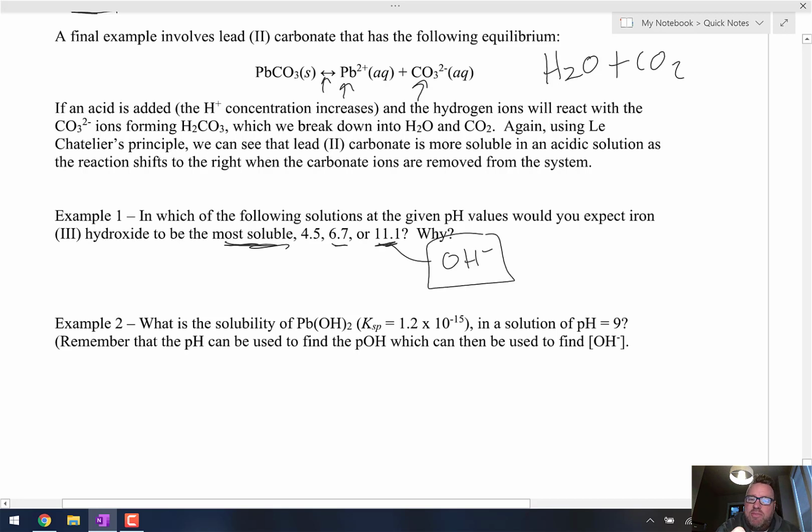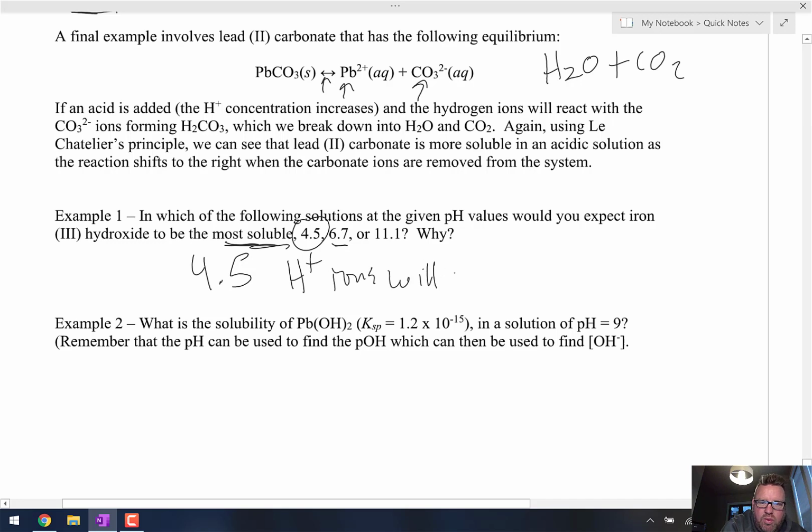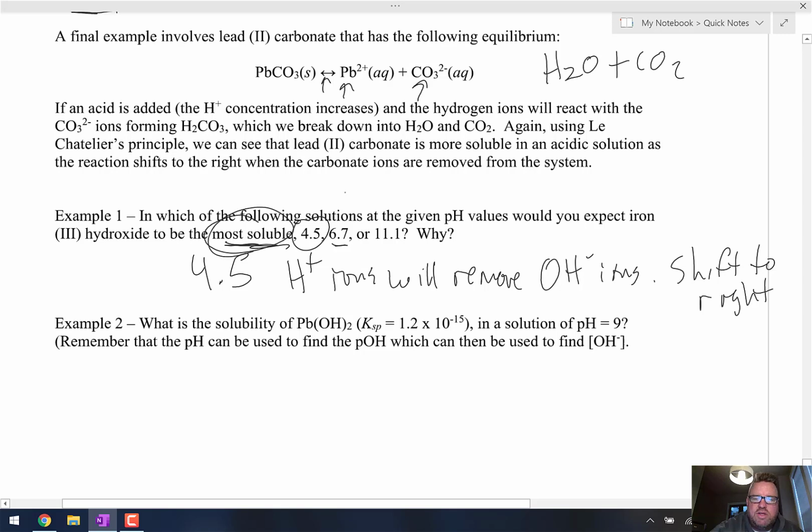That's going to cause a shift back to the left, because you're increasing the amount of hydroxide ions on the product side. But a pH of 4.5, which is the correct answer, will cause it to become more soluble because the H+ ions will remove the OH- ions from the solution, causing a shift to the right. Anytime there's a shift to the right, that makes that insoluble salt more soluble.